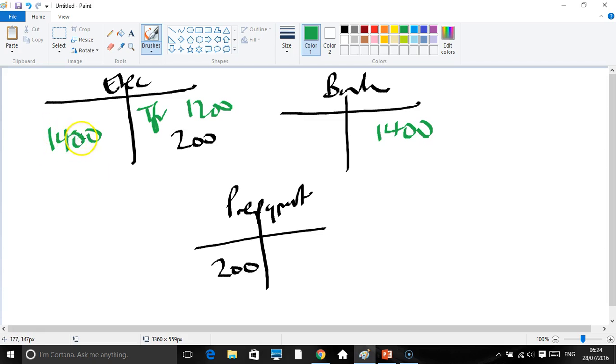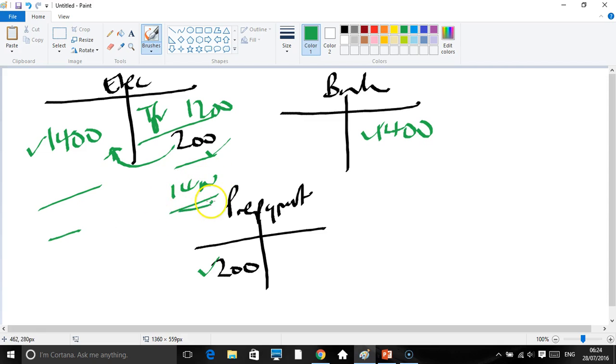Remember, it's not always nice and orderly. This is a current asset, so debit the current asset. We must be crediting electricity to reduce this by 200, which reduces this 1,400. And so this is what transfers to the income statement. And so we can close this off. 1,400, 1,400. And we are done.